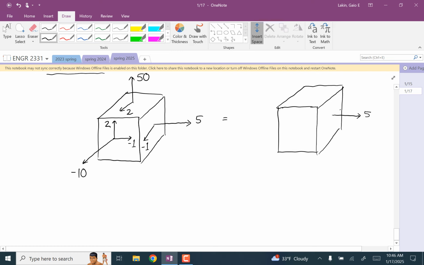Instead of a -1, I'm going to draw this way. 50, 2, the 10 is negative, so it's pointing in. You have a 1 going this way and a 2 going this way. I don't care where you start those lines.